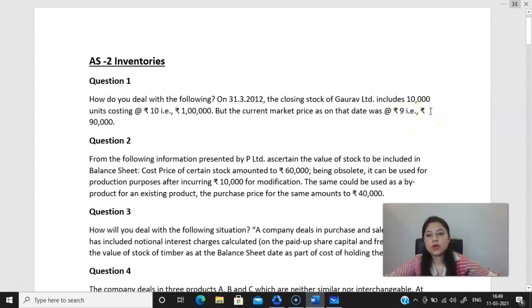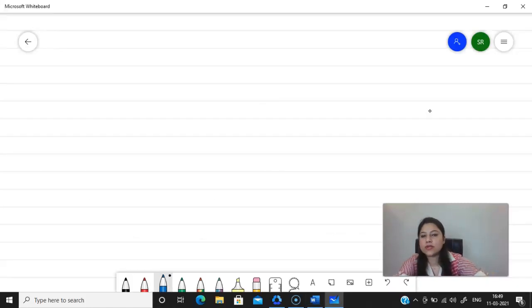As we all know, Accounting Standard 2 mentions that inventories should be valued at cost or net realizable value, whichever is lower. So let us start solving the question.